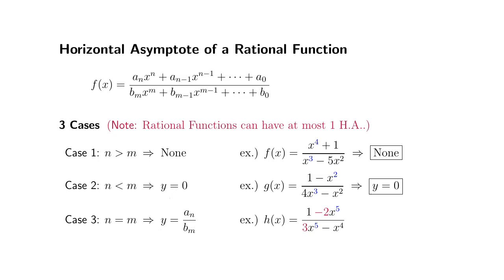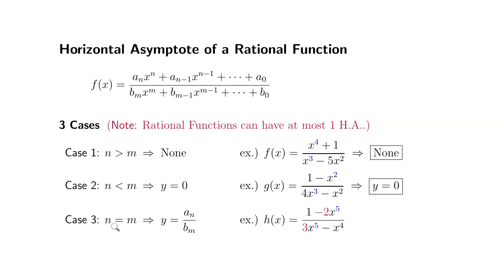Here's an example. Look at h of x equals 1 minus 2x to the fifth power over 3x to the fifth minus x to the fourth. You can see that the degree on top is 5 and the degree on the bottom is also 5.